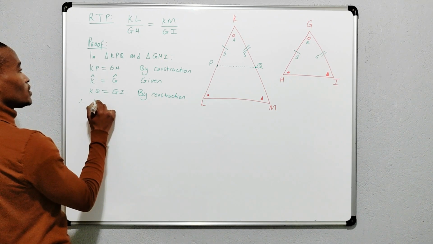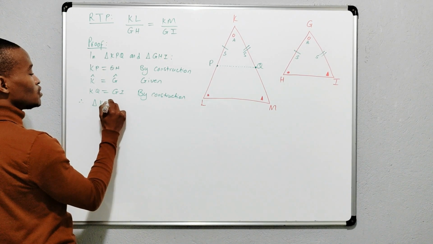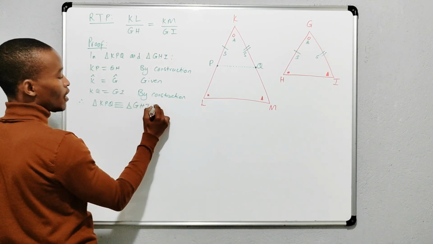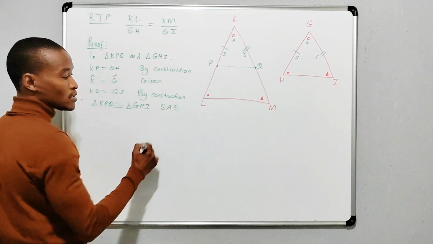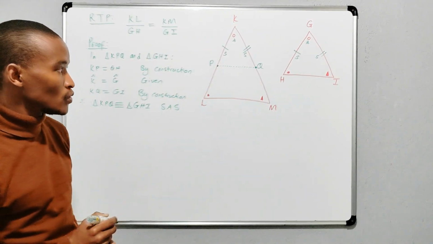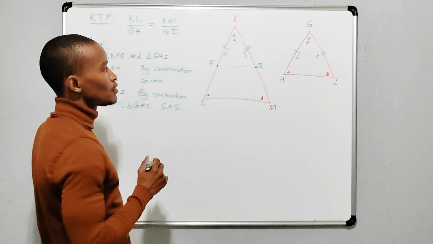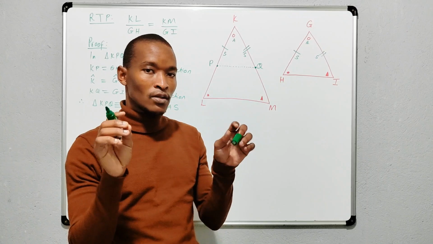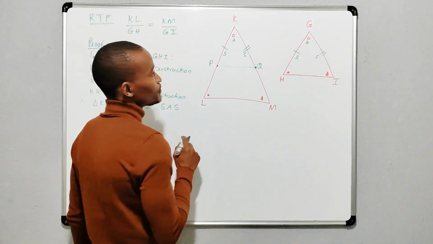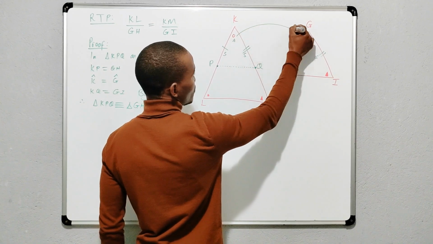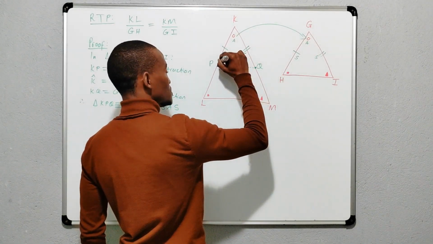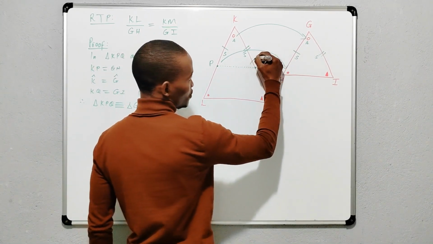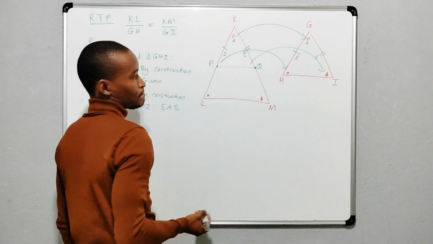And therefore, triangle KPQ is congruent to triangle GHI by the side-angle-side condition for congruency. So if they are congruent, it implies what? Corresponding angles are equal and corresponding sides are equal. So that angle P will be equal to angle H, and angle Q will be equal to angle I.